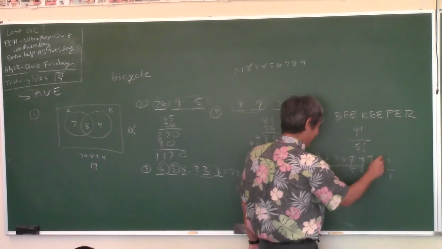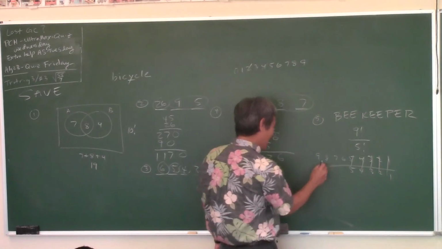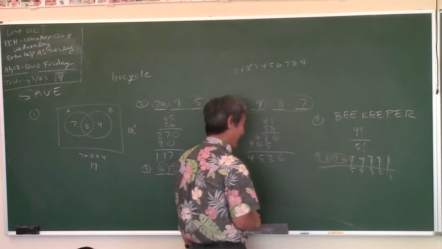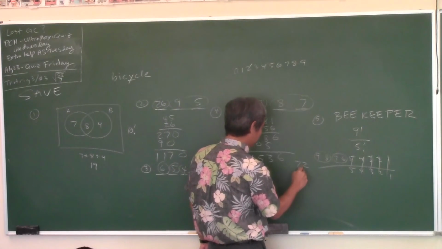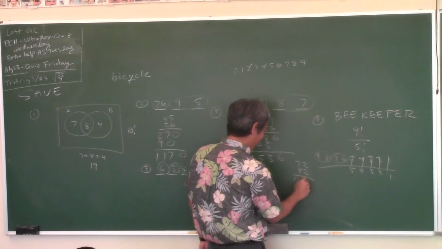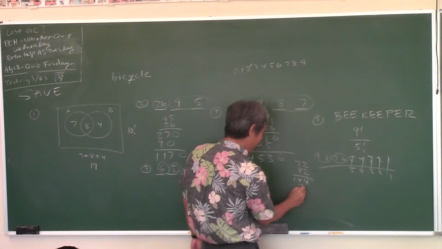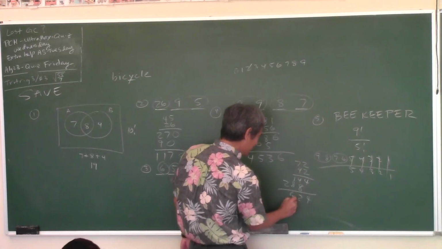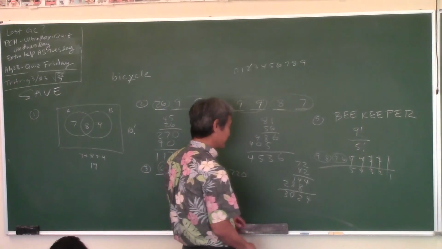Cancel, cancel, cancel, cancel, cancel. So what's left? 72 times 42. Can do? 144, 8, 288, add 4, 2, carry 1, 0, 3024.